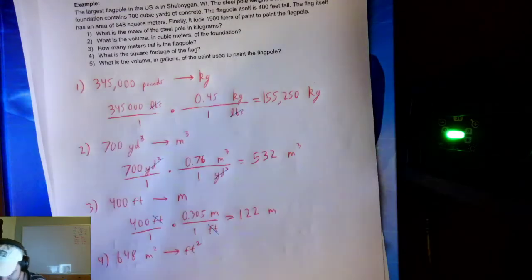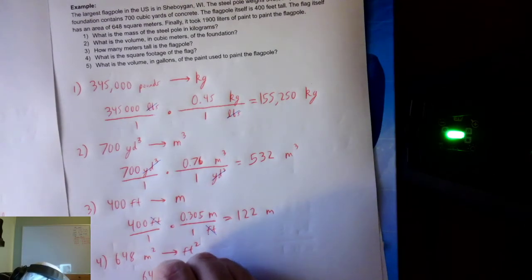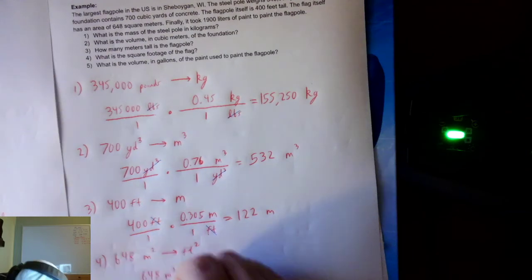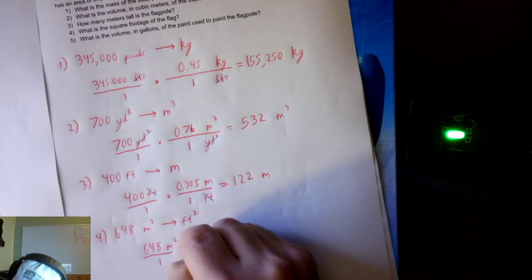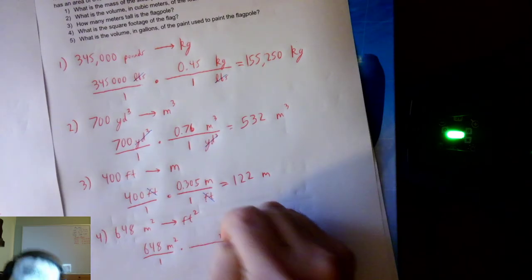Well, can I convert meters squared to feet squared? Right here. Feet squared and meters squared. Good. So I'll write 648 meters squared over 1 times, let's see, I'm trying to cancel meters squared and get to feet squared, right?